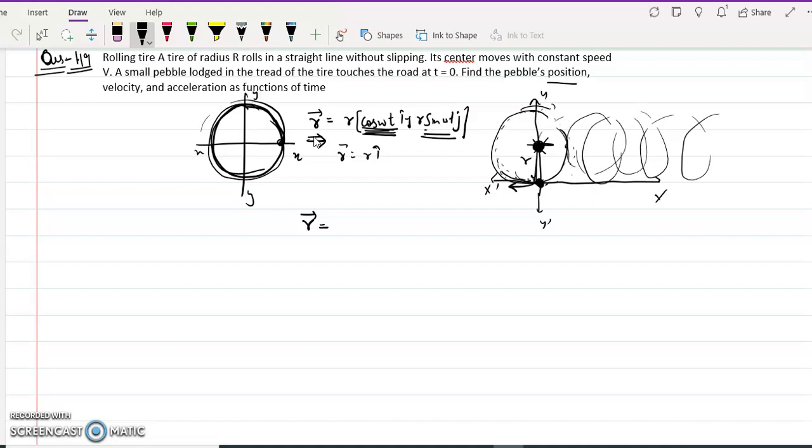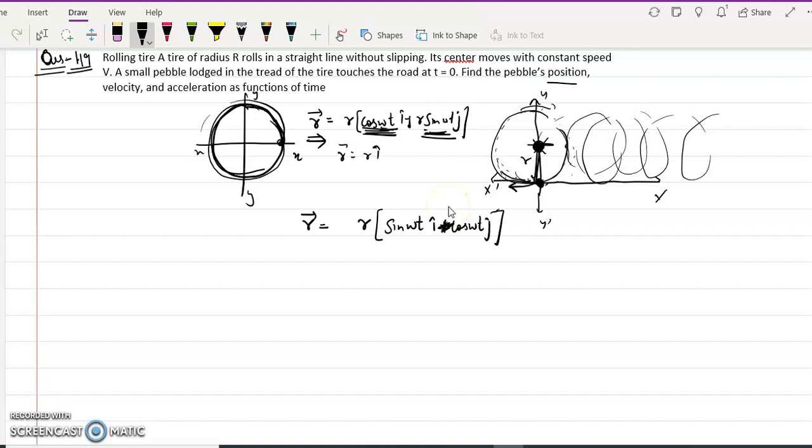At t equal to 0 we want the position vector along the y-axis, so there must be a cos term in the j component, and the sine term should be in the i component, because at t equal to 0 the sine term will vanish. But there is one problem with this: it is in the negative direction, so there should be a minus sign here.